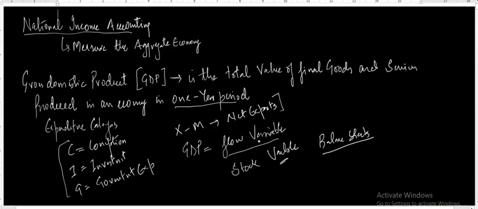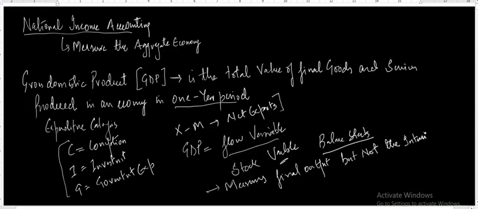Now, another important fact is that GDP measures the final output, but not the intermediate goods. So what we are going to measure is the final output of an economy, but not the intermediate goods that result in the production of this final output.